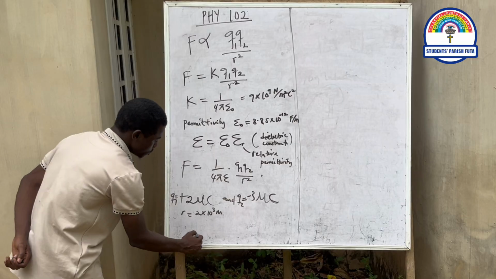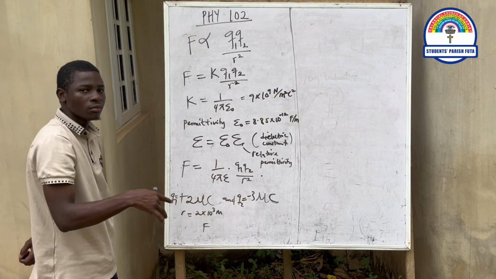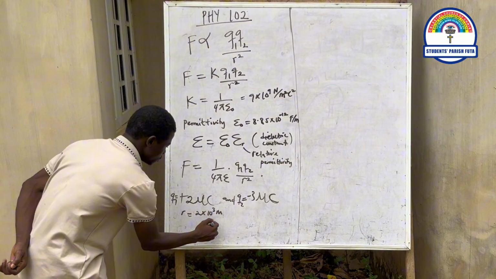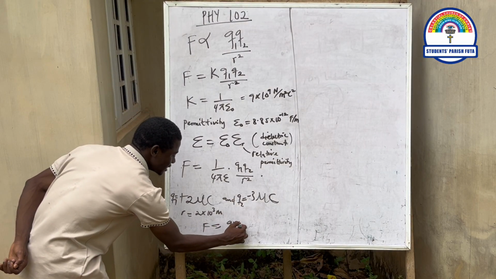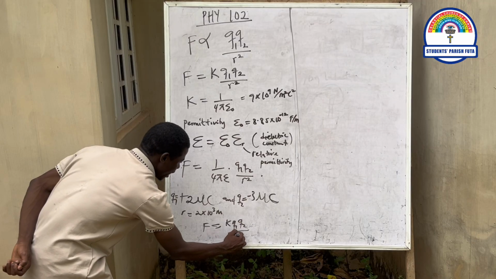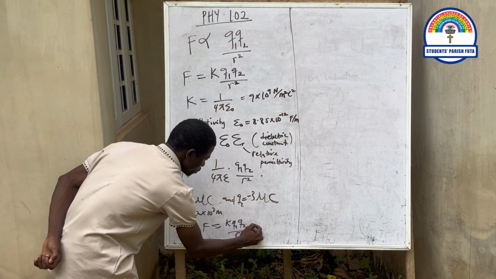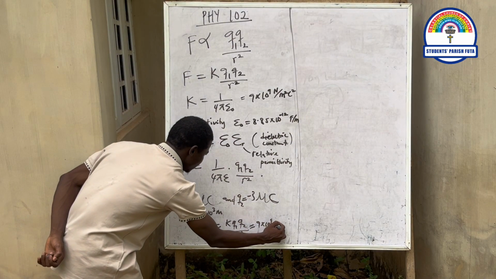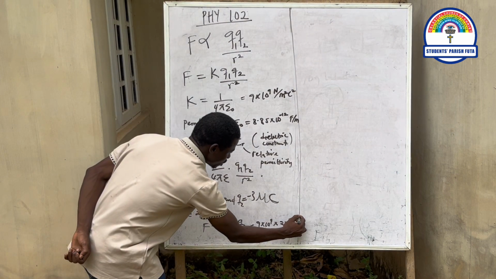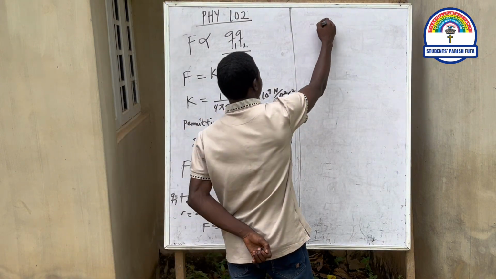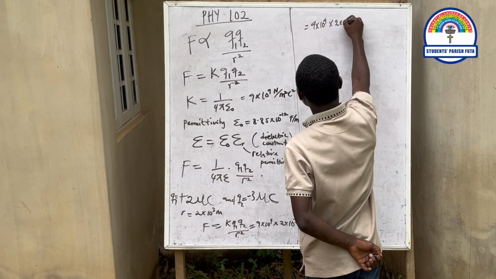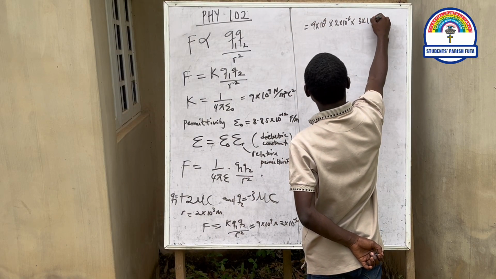To calculate the force between them, this is in vacuum or air according to the question, or you are not given the medium, so just assume it is air. So you just go F equals K Q1 Q2 over R square, equals 9 times 10 power 9 times 2 times 10 power minus 6 times 3 times 10 power minus 6.